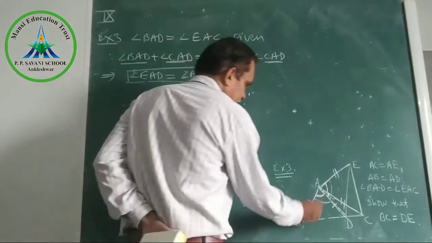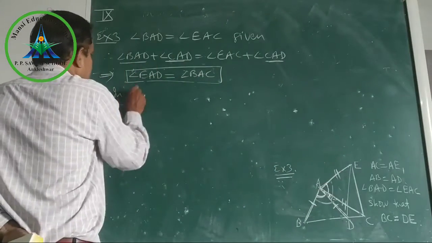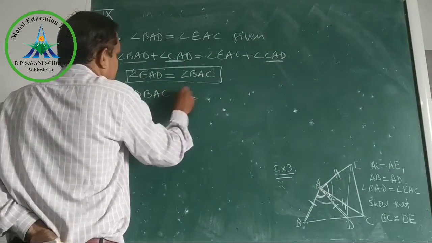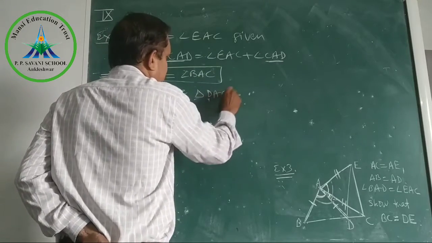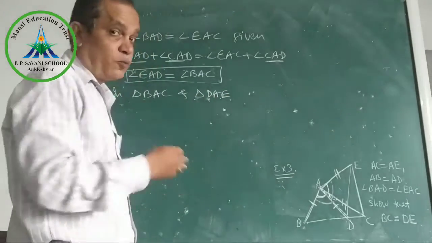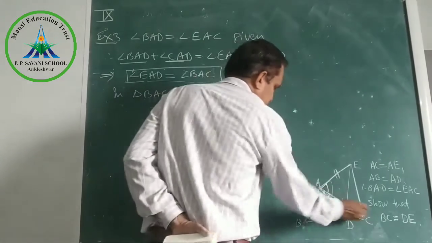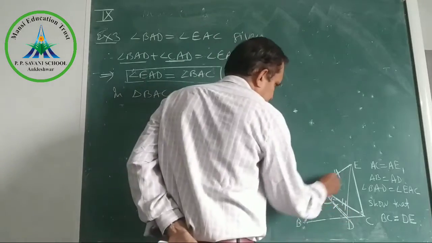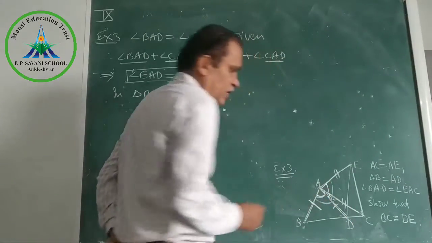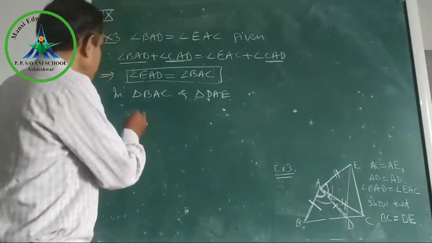Yes, if I take triangle BAC and triangle DAE. So BA equal to DA.